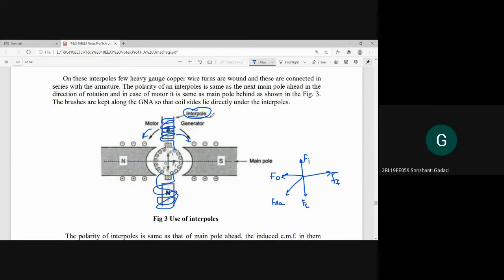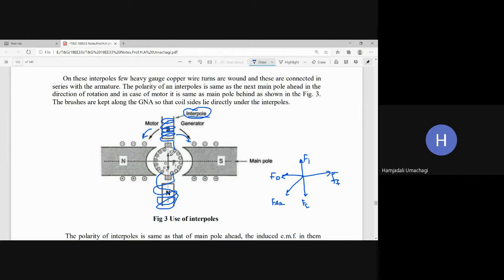Yes, sir. FF stands for the flux given by the main field winding. This FC is the cross magnetizing component of armature reaction, which we should not have. This I don't want. And this upward direction MMF is denoted as Fi. Fi is the flux given by the interpole winding.